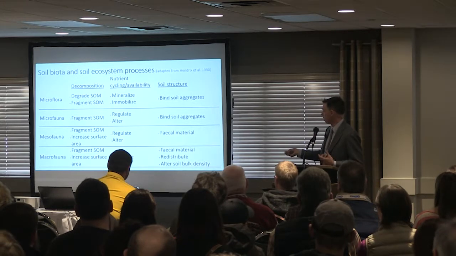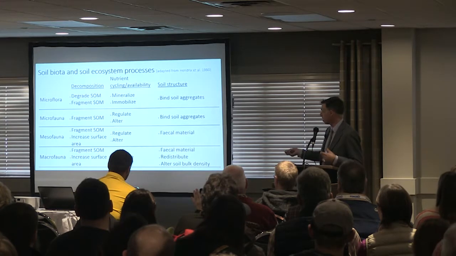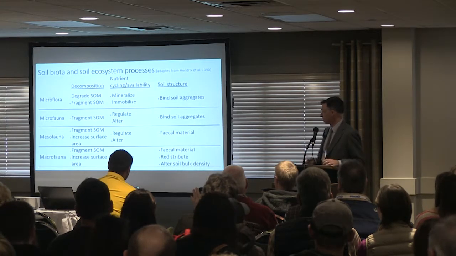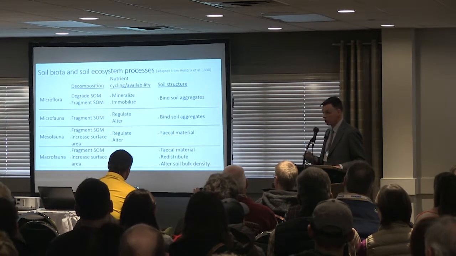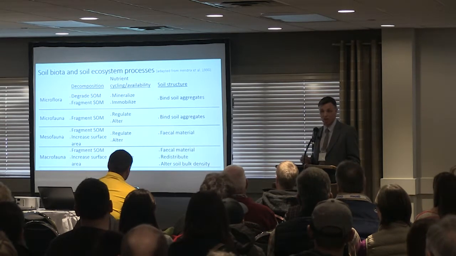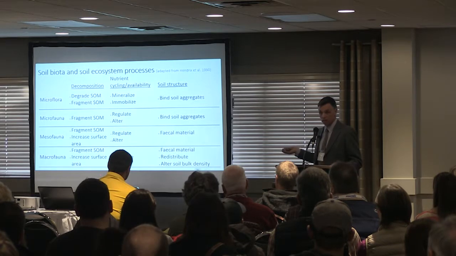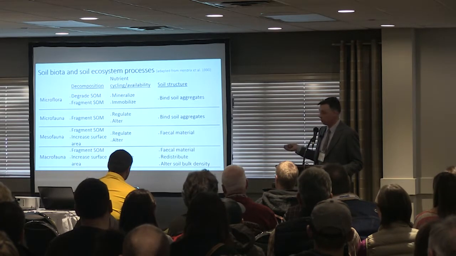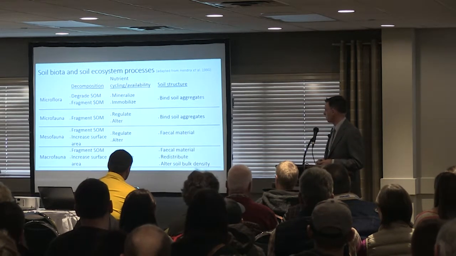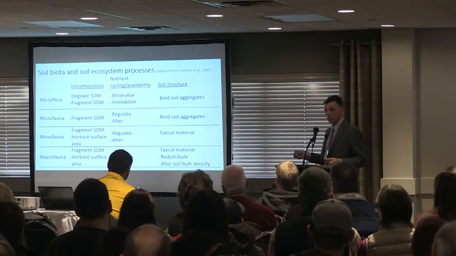Things like the macrofauna, we're looking at a lot of the earthworms, we're looking at ants, we're looking at isopods, fragmenting the organic matter, increasing surface area of the organic matter, allowing decomposition to happen in a very fast and efficient way, stimulating nutrient cycling and the availability of nutrients for plants to take up, providing a lot of fecal material in there.